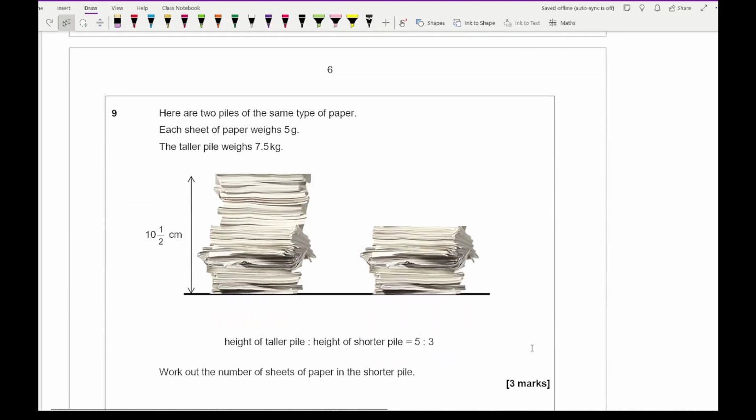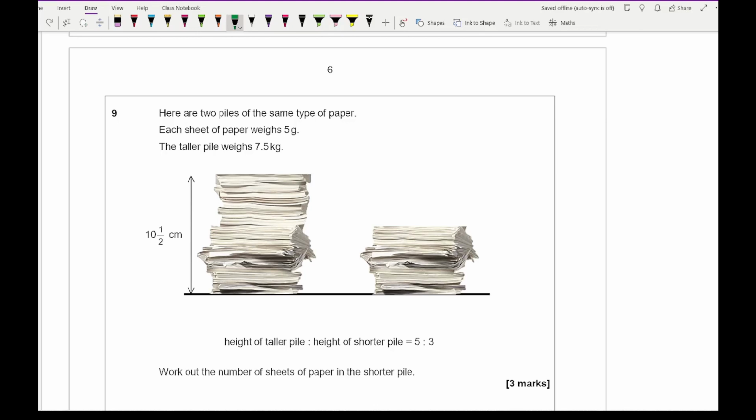Moving on to question 9, it says here are 2 piles of the same type of paper. Each sheet of paper weighs 5 grams and the taller pile weighs 7.5 kilograms. The ratio of the height of the taller pile to the shorter pile is 5:3, and the question is asking us to work out the number of sheets of paper in the shorter pile, and it's worth 3 marks.